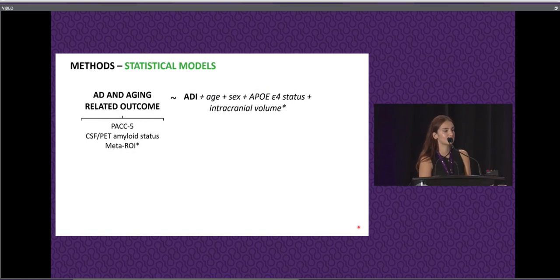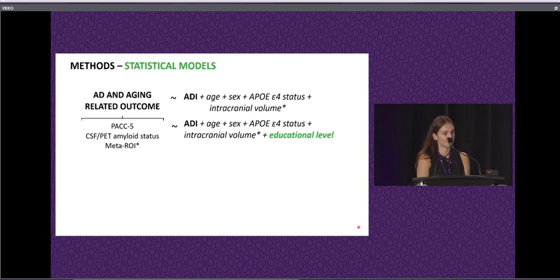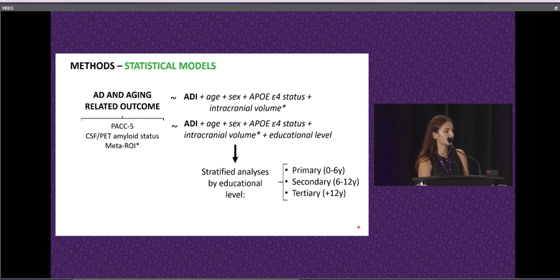For statistical models, we use linear and logistic regression models with ADI as a predictor, and we adjusted for age, sex, ApoE epsilon-4 status, and intracranial volume in the case of the meta-ROI. For the significant associations, we then added educational level as a covariate, and if the results were still significant, we then stratified by 3 educational levels.